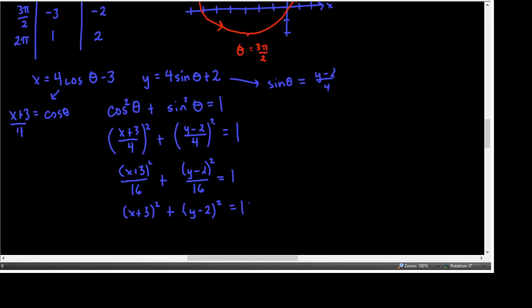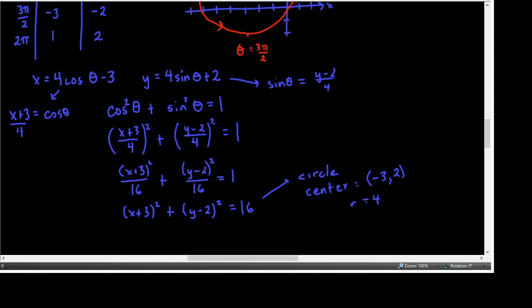16. So this equation says we should have gotten a circle whose center should be at -3, 2, and whose radius should be the square root of 16, should be 4.